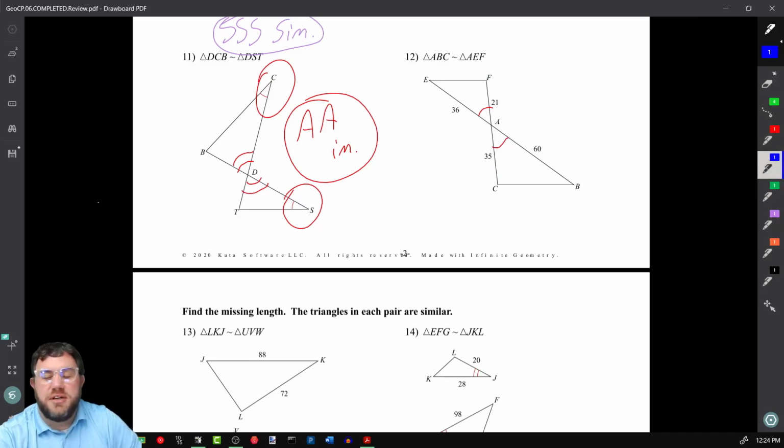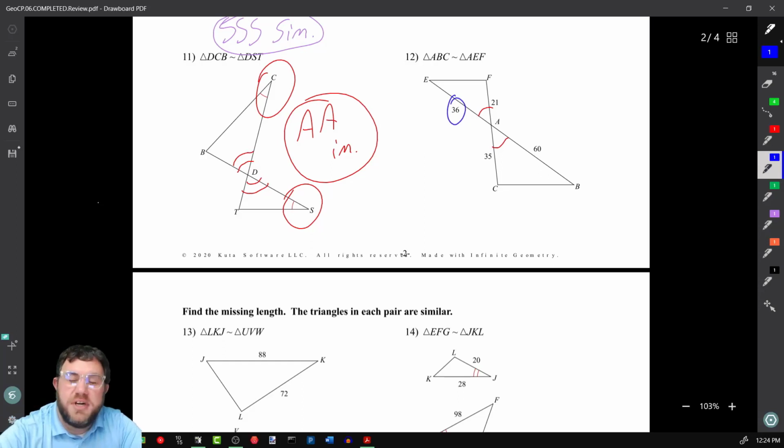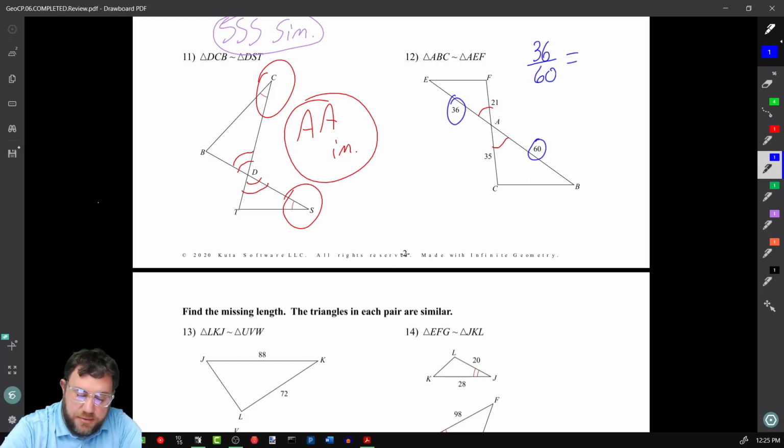This is when you need to look at whether you're dealing with a longer leg or a shorter leg. So 36 is the longer leg between 36 and 21. You have to pair it up with the longer leg of the other triangle. So 36 and 60 have to go together. 36 over 60, that's going to reduce to 3/5. Again, use your calculator to do that. And then we'll pair up 21 and 35.